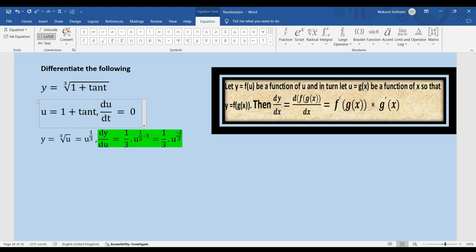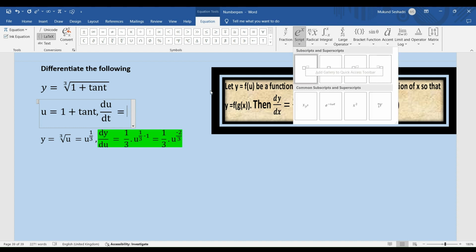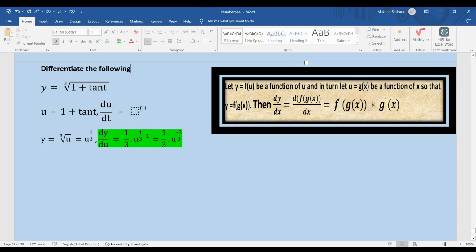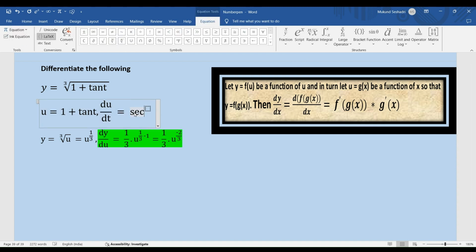I get d by dt of 1, which is 0, and d by dt of tan t, which is secant square t. So I can directly write my final answer for du by dt as secant square t. Let me highlight this in yellow.